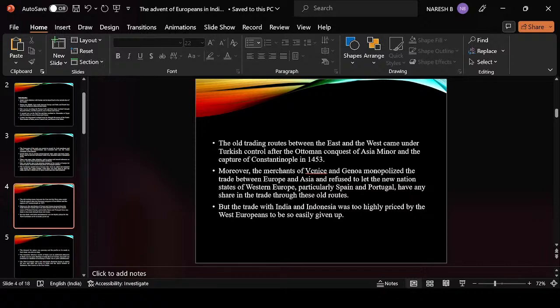So it was a big hectic job for the growing states like Spain and Portugal to enjoy trade with India. So they were in search of a new sea route. So this was the rationale behind the geographical discoveries of the 15th and 16th century. On the one hand, in Europe itself, it was the Italian states, the Italians, who dominated the trade. Then when it comes to Asia, it was the Ottoman Turks who dominated after the fall of Constantinople.